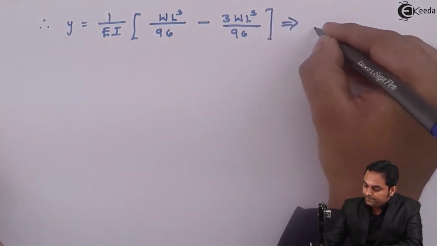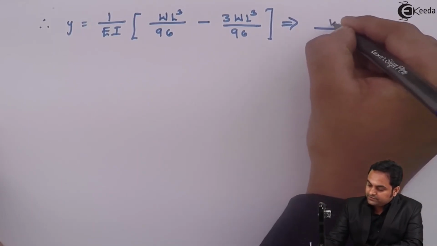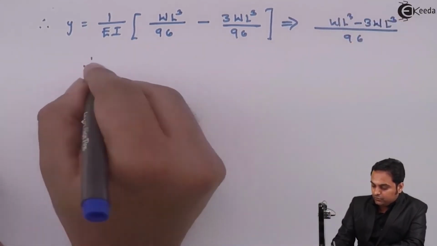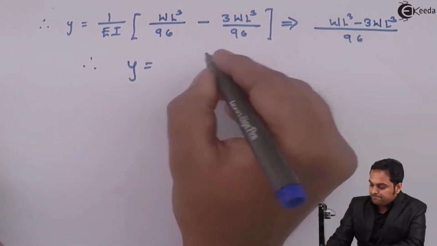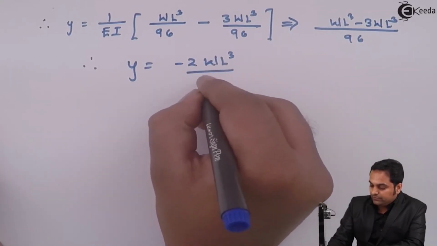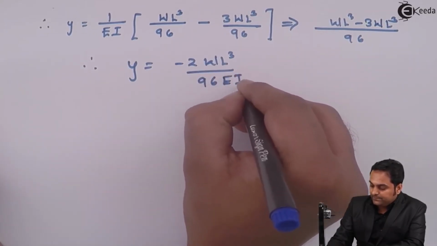So this will be 96 wL cube minus 3wL cube. So y value will come out to be minus 2wL cube upon 96 EI.